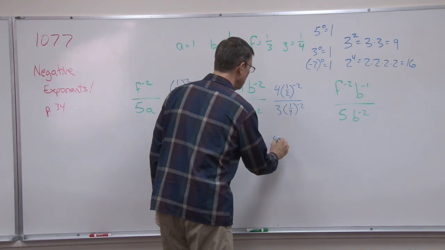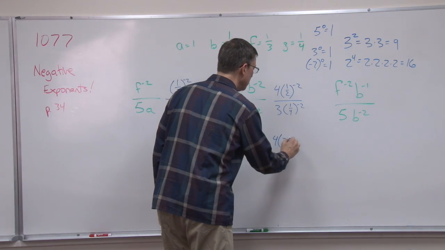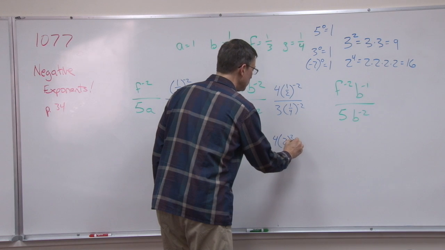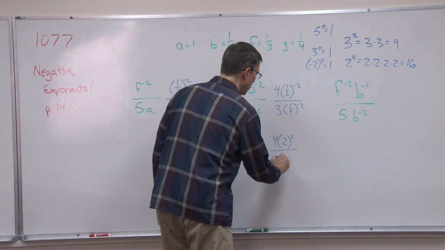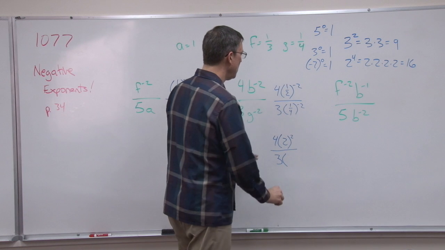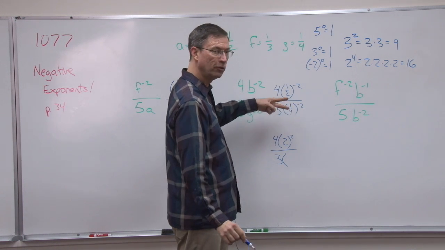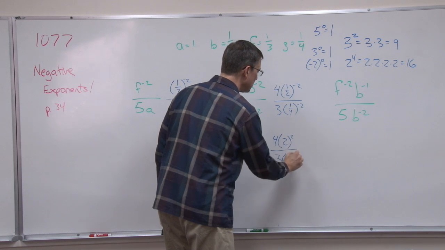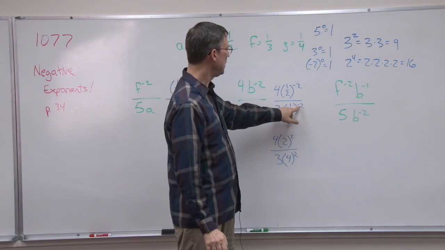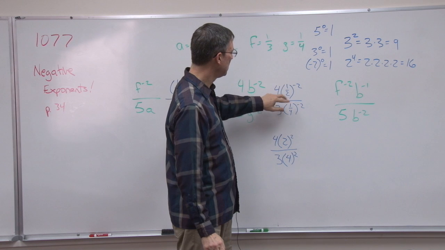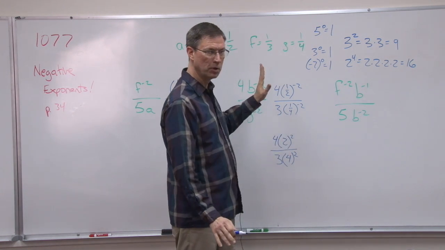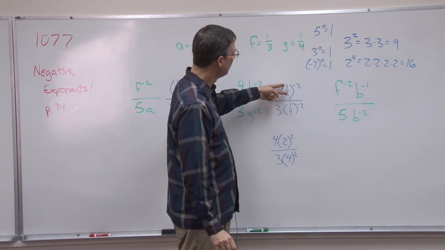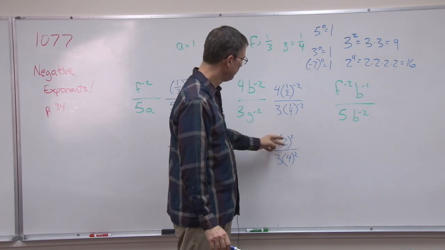So down here, I'm going to leave the 4 alone, but this becomes 2 squared over 3. And now I'm going to take the 1/4, flip it, and it becomes 4. Keep the exponent of 2. So the negative exponent goes away and becomes a positive exponent, same number though, when I flip the fraction, okay?